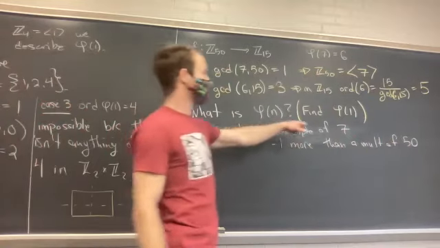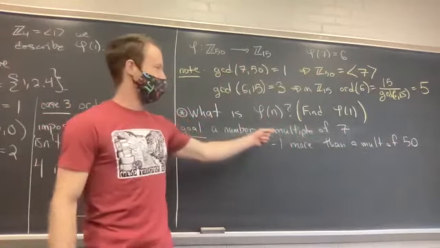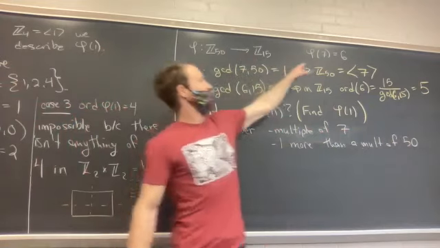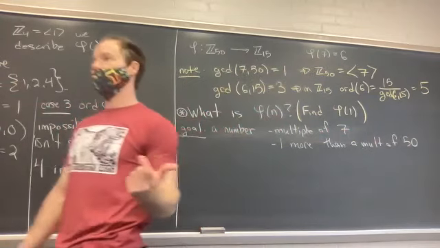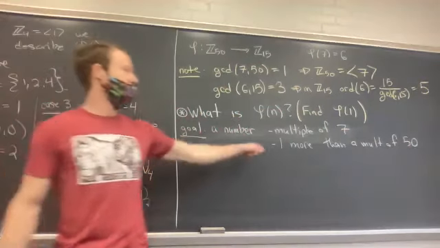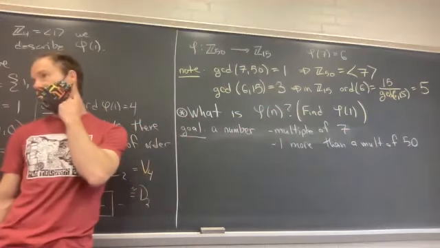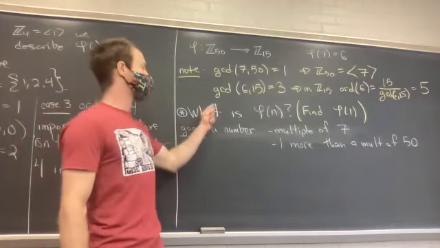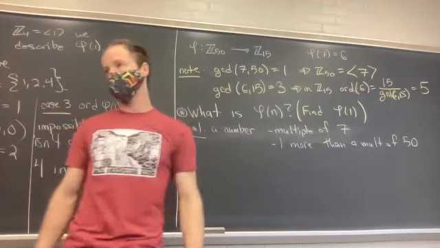If it's a multiple of 7, then we can easily write it in terms of the generator 7. If it's 1 more than a multiple of 50, that means it's equal to 1 in Z50.